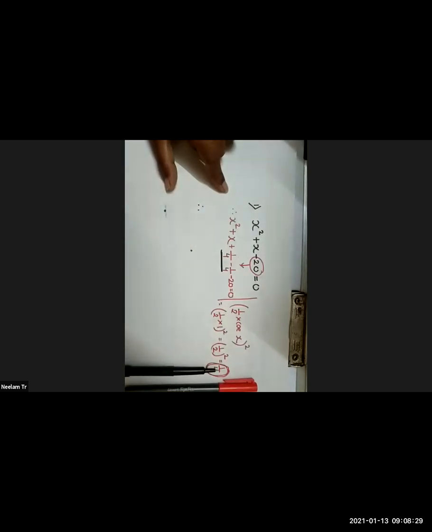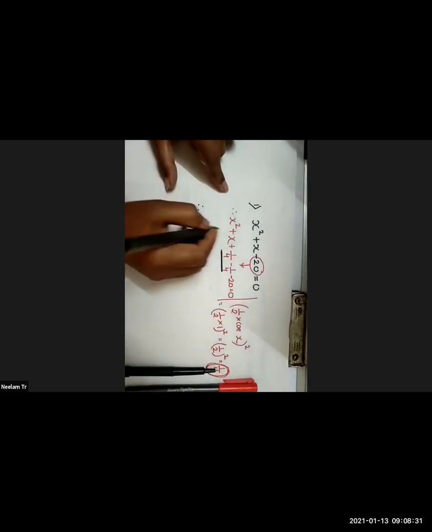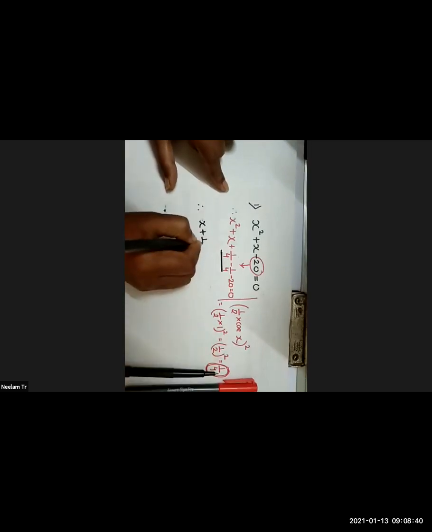What will I get? That is x plus half the whole square. By solving this, do I get this equation?